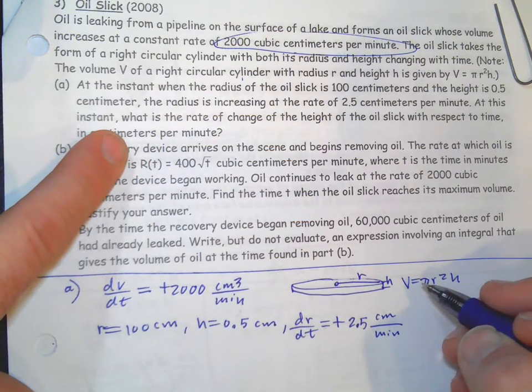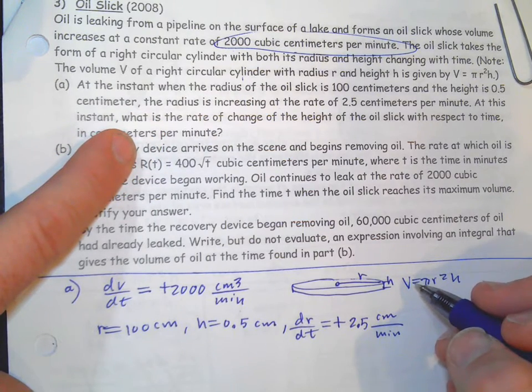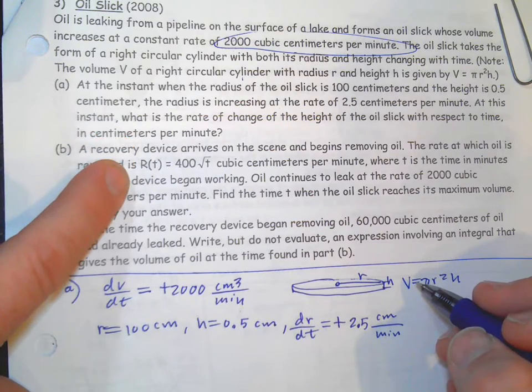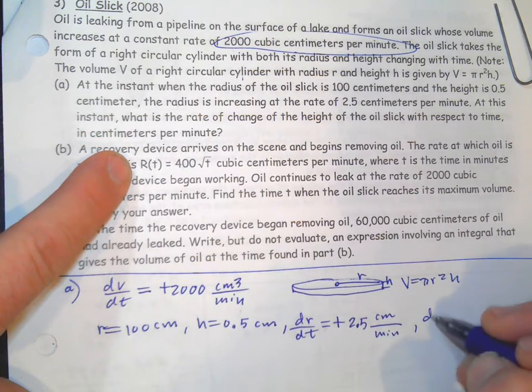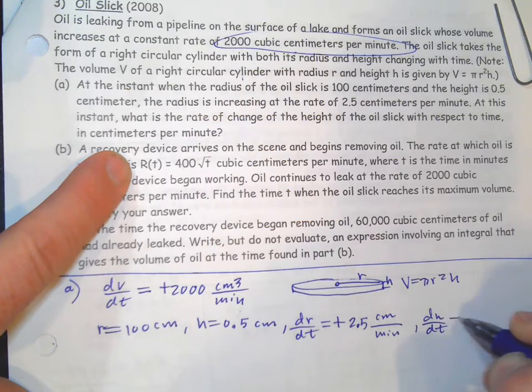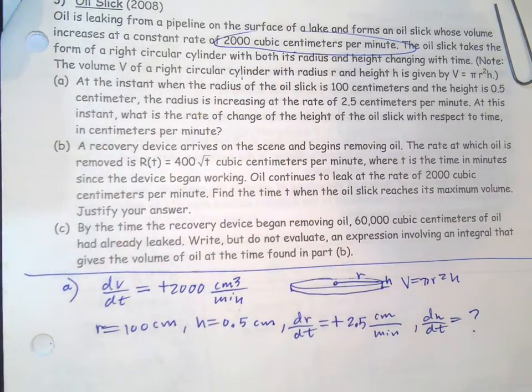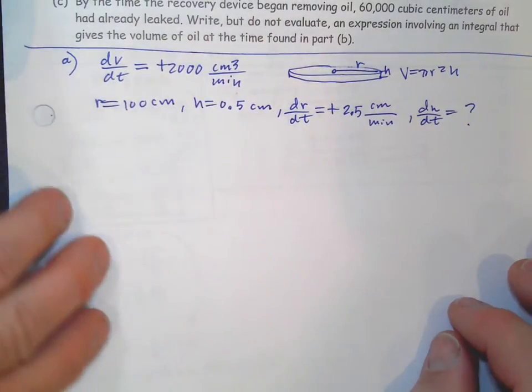At this instant, what is the rate of change of the height of the oil slick with respect to time in centimeters? So we're trying to find dh/dt. I've summarized all the information.